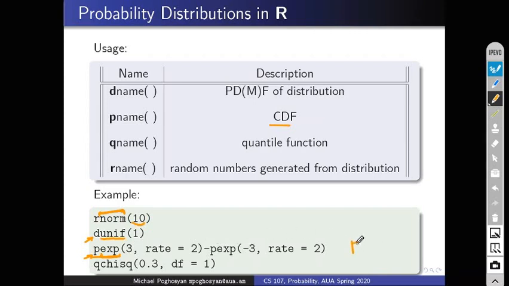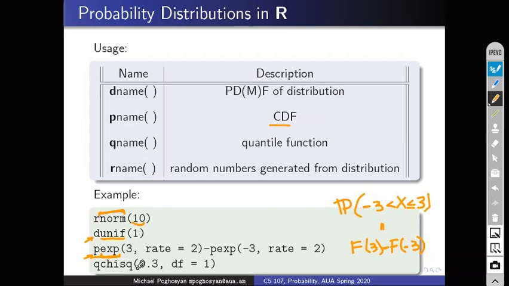So in fact I'm calculating F(3) minus F(-3). And this is giving, in fact, if you remember, the probability that our random variable X will be between minus 3 and 3, where X is an exponential random variable with this parameter, rate equal to 2. Later we will learn about this exponential distribution too.